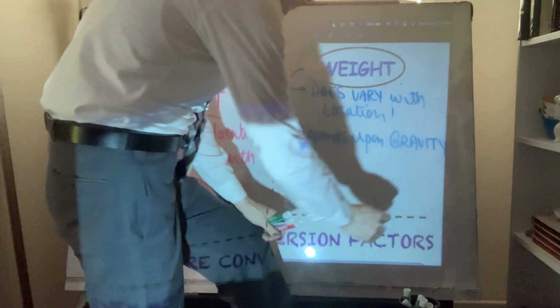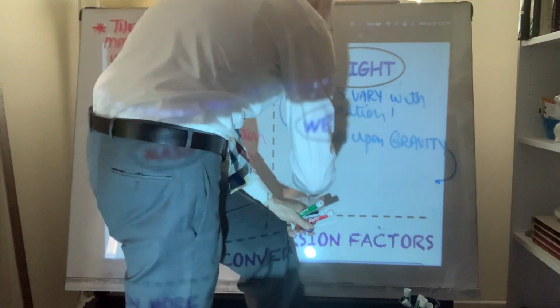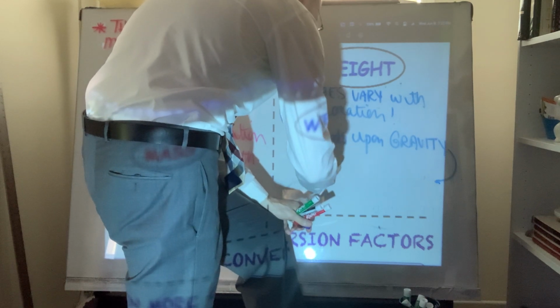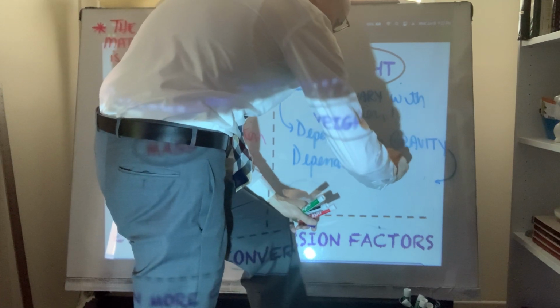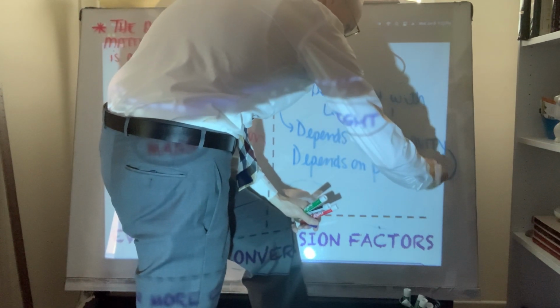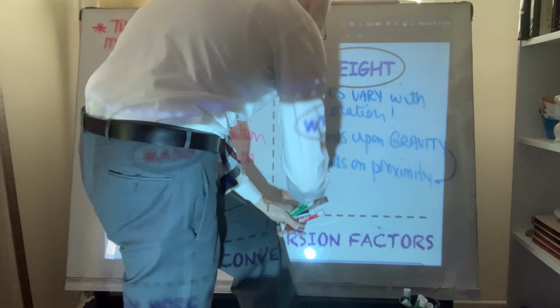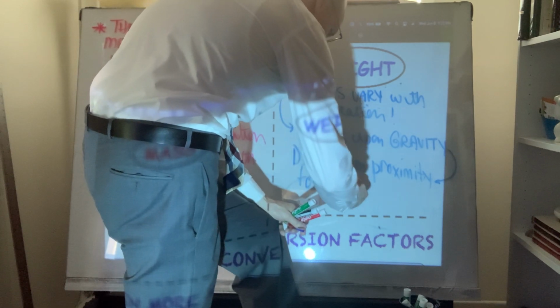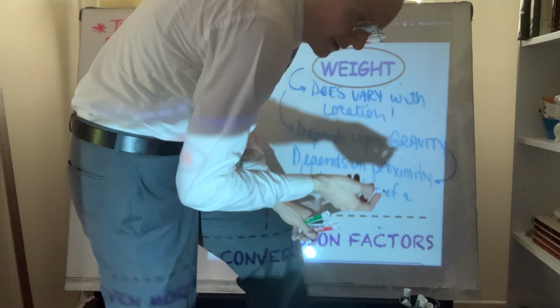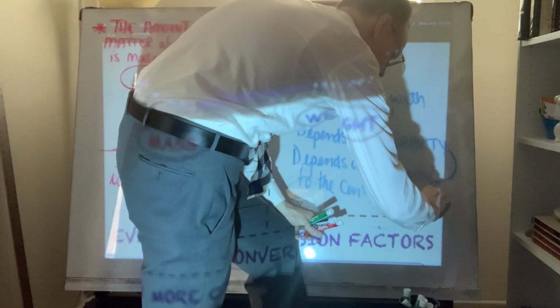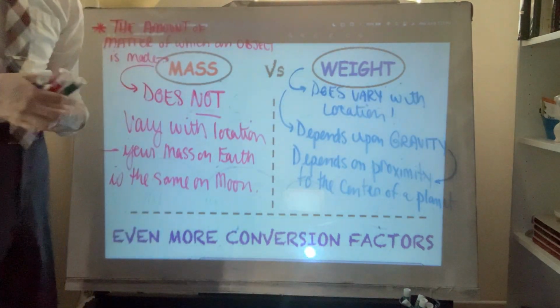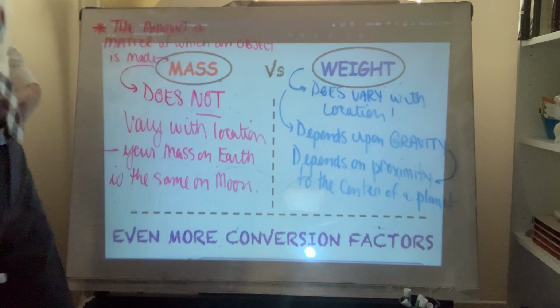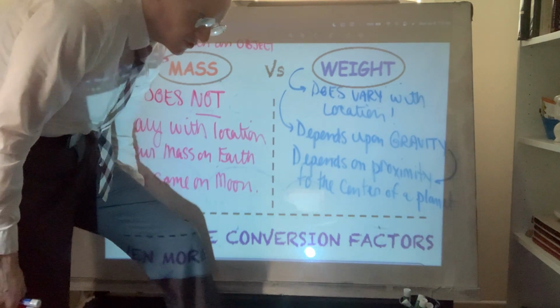And gravity really depends on proximity to the center of, say for example, a planet. In theory, the further away you are from the center of the Earth, the less you will weigh.